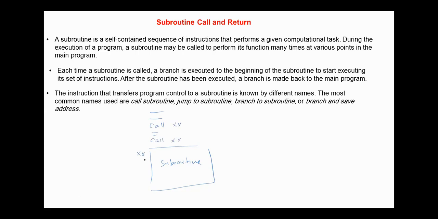The instruction that transfers control to the subroutine is known by different names. In the basic computer, we have the branch and save return address. In some programming languages, the call statement is used, or jump to a subroutine, or branch to subroutine, and others.